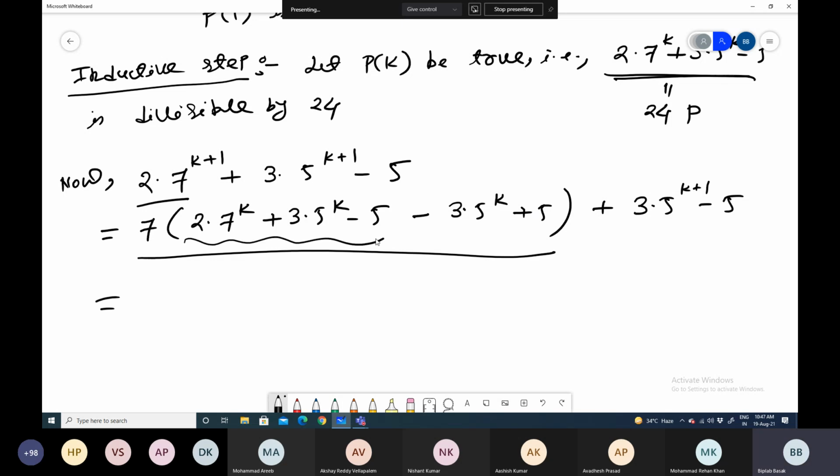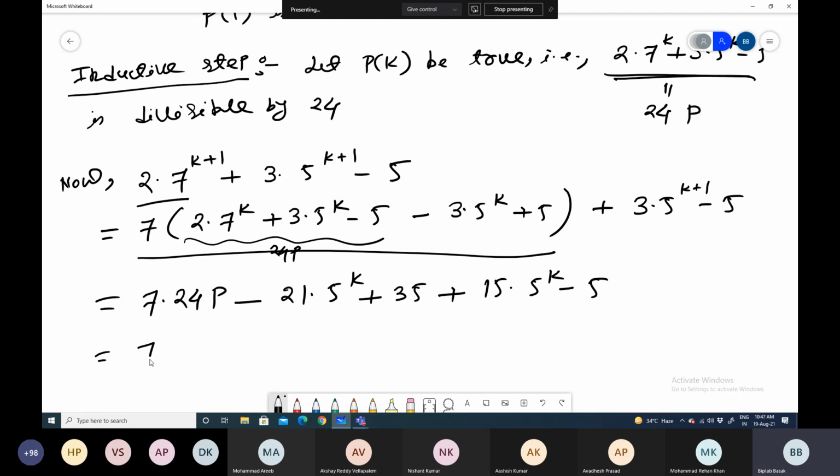Now this part we already know is 24p, so it is 7 into 24p minus 21 into 5 to the power k plus 35, plus 15 into 5 to the power k minus 5.